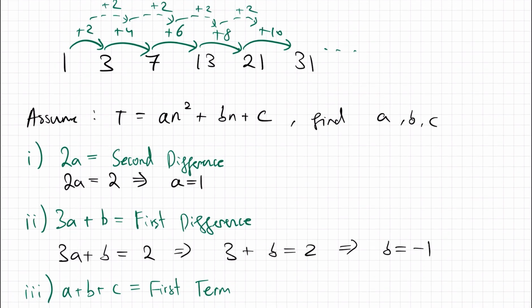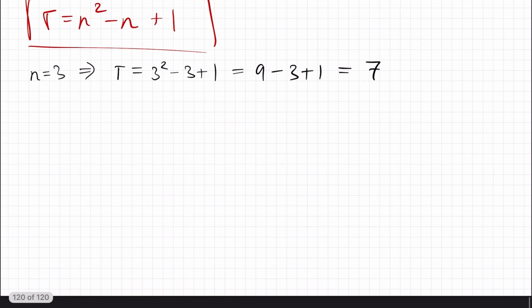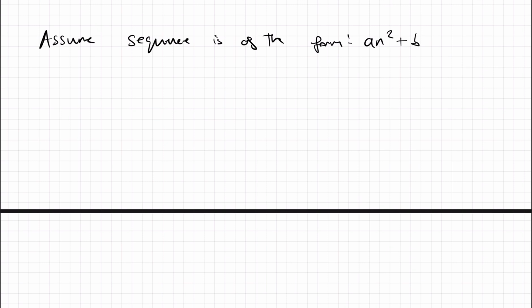Now, I can explain why this works. It's a bit more complicated, but I will do it. First of all, we're going to assume that the sequence is of the form an squared plus bn plus c. That's what you can assume if you're told it's a quadratic sequence.